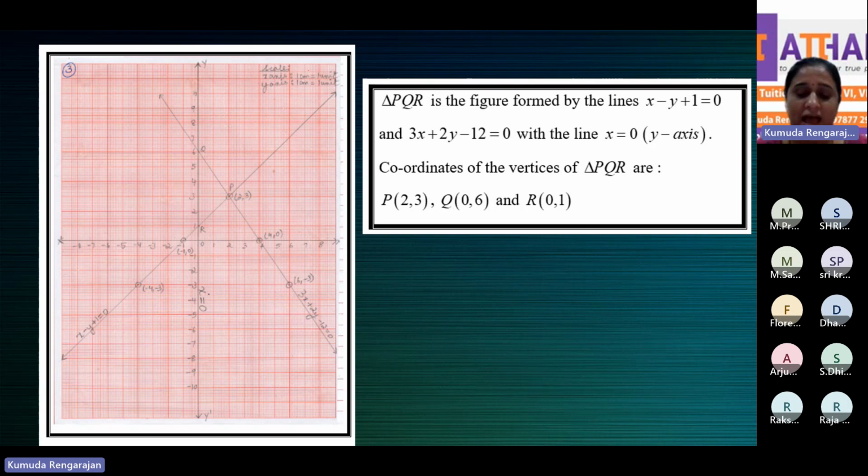However, it's not complete. Arrows are missing. Equations on the lines are missing. Scale missing. Coordinates of the triangle you have not mentioned. I can see it though. A, B, C. Oh, you've marked it in the figure itself.